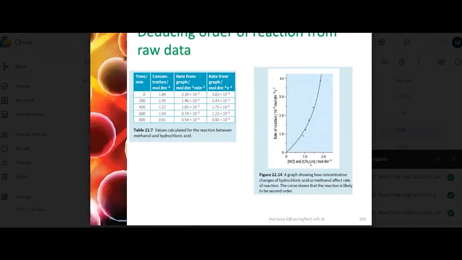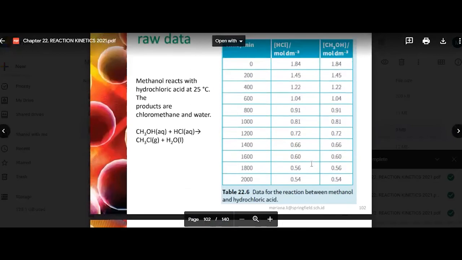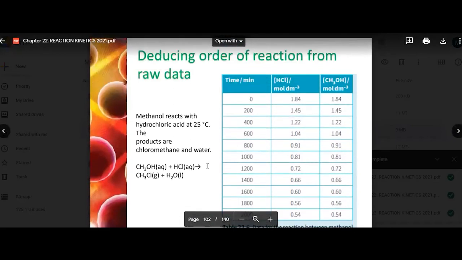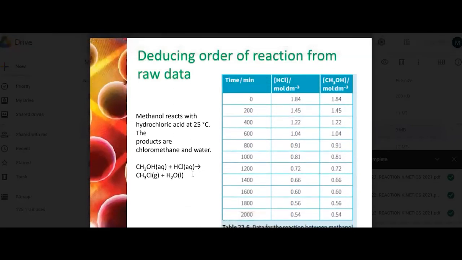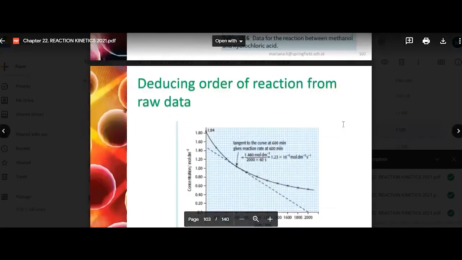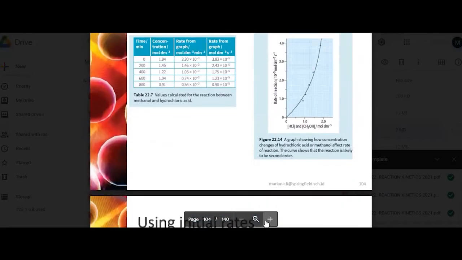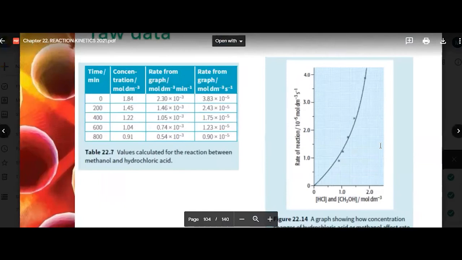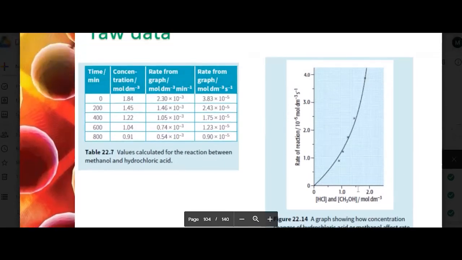But I have this data. Look here, methanol with HCl to form chloromethane with H2O. There are two reactants here, HCl and CH3OH. If you see the rate of reaction graph, you can see that this is the shape of a second order reaction.